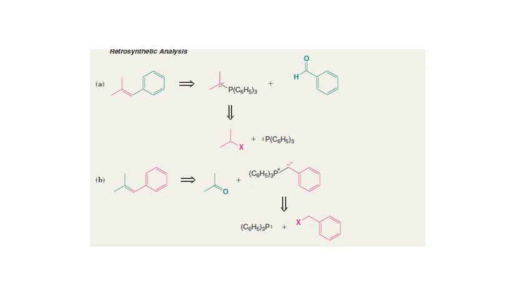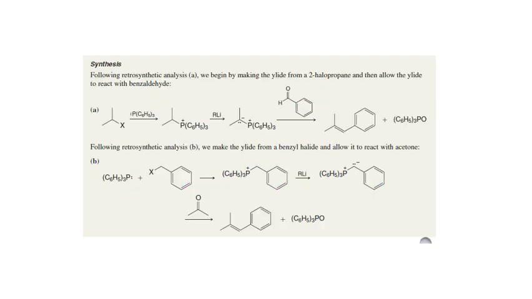Consider strategy A, then we can write the synthesis as follows. 2-Bromopropane plus triphenylphosphine gives the phosphonium salt, isopropyl triphenylphosphonium bromide.